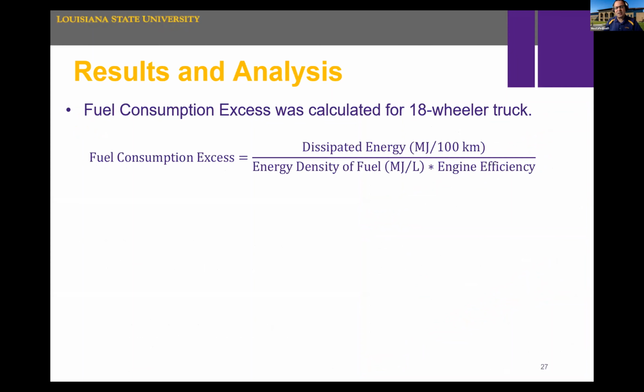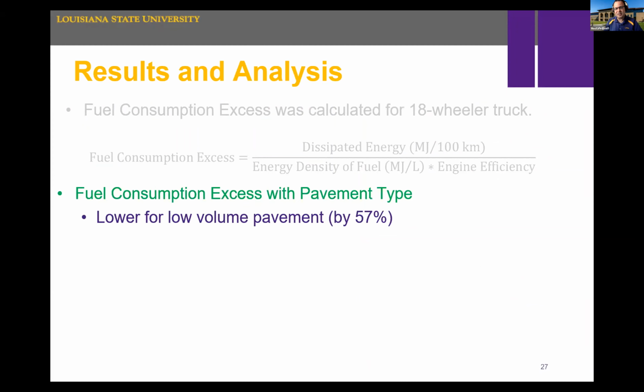So we also calculated the fuel consumption as related to the dissipated energy. This is the energy consumption that is related to the energy dissipation that we calculated. Obviously, you are going to see much smaller values than the fuel consumption of the total truck, which accounts for all factors during movement.